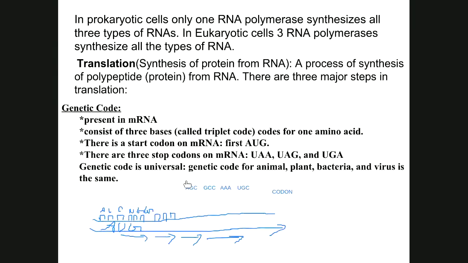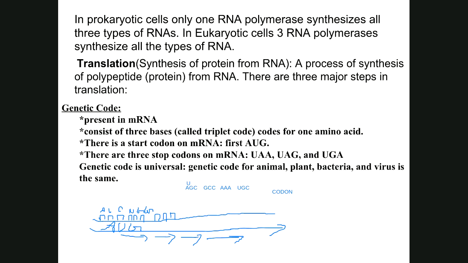So who is the complementary of this A? The complementary of A is U, then the complementary of G is C, then the complementary of C is G.